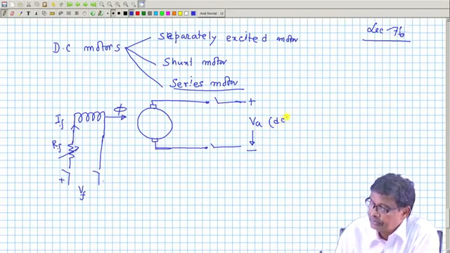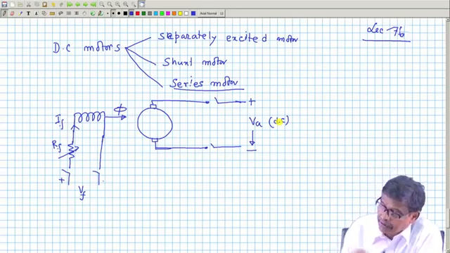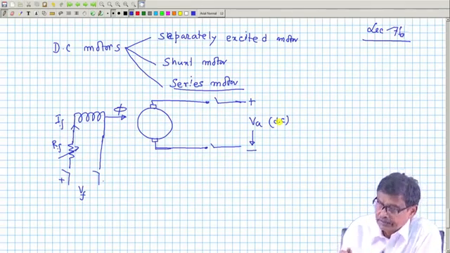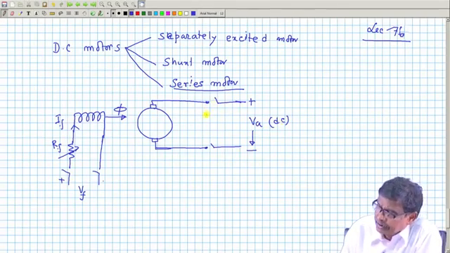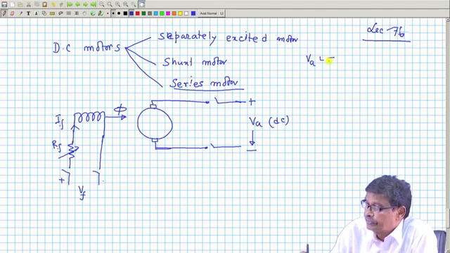Now, if you apply the rated voltage, suppose the machine is stationary and the armature rated voltage is 220 volt.